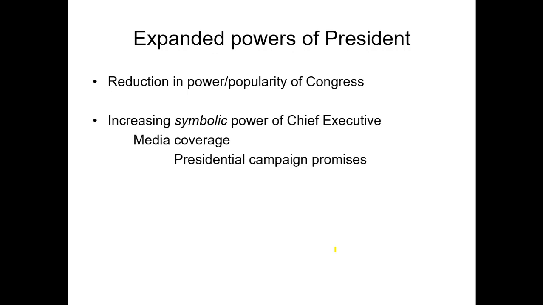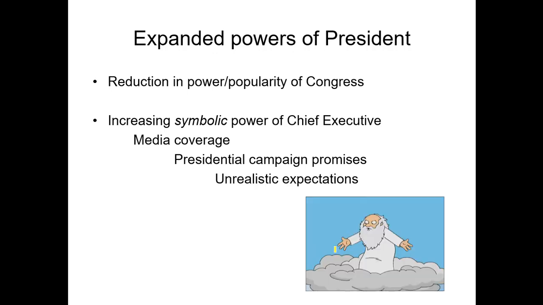So this is what has been very fascinating over the last few decades, where this seems to have been increasing. But it's always been an issue where the president has to make lots of promises in order to get elected or reelected, but yet a lot of this is unrealistic expectations, and this is one of the reasons why virtually every president declines in approval ratings over the course of his office.